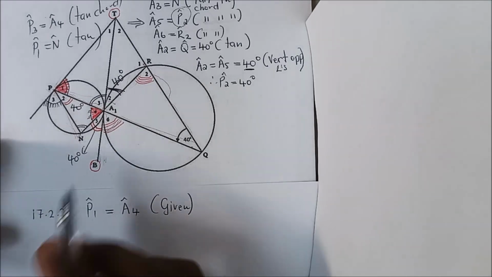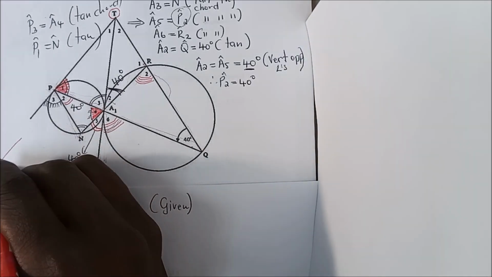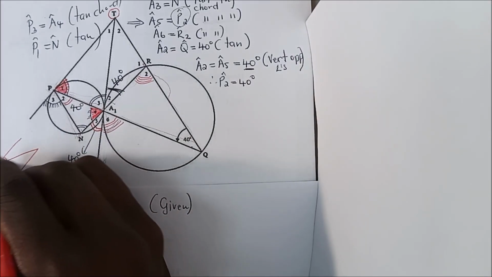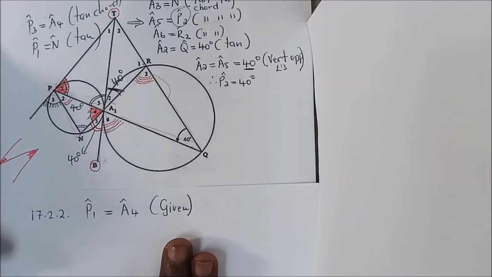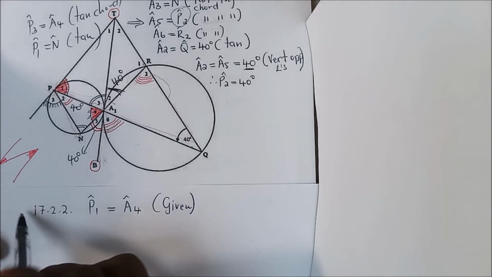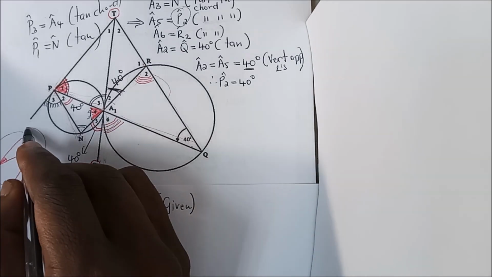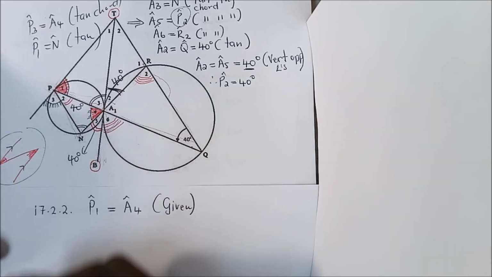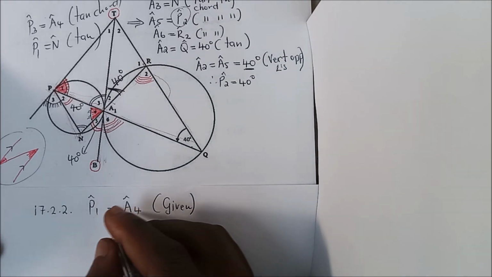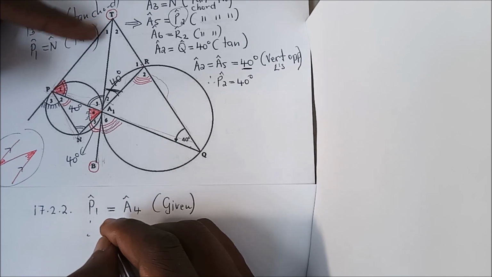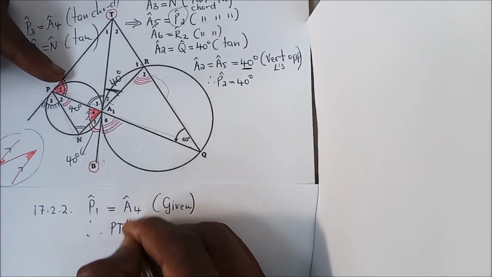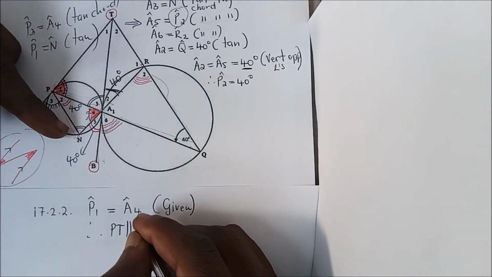So if you look at those angles and then you think about this thing, what is the difference between the two? No difference. And when do you use this thing? When you know that the lines are parallel. So now what we can say is line PT is parallel to line RN.